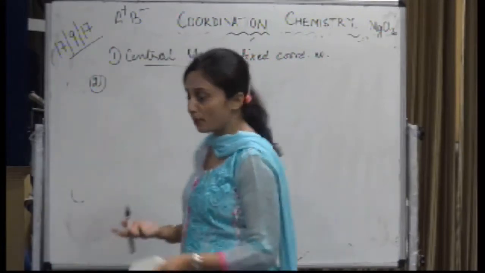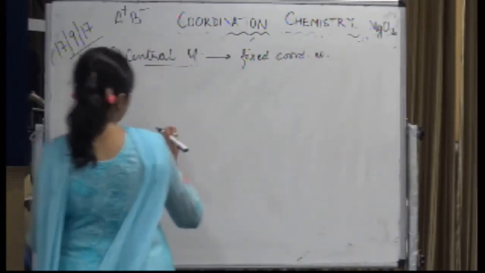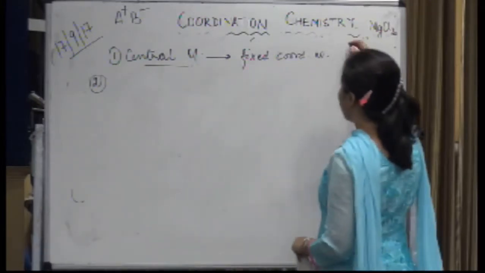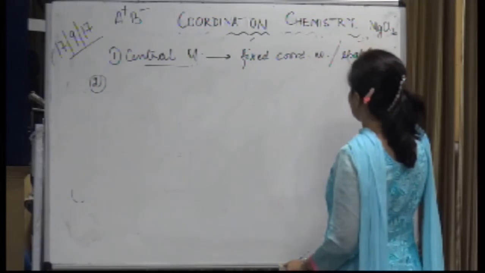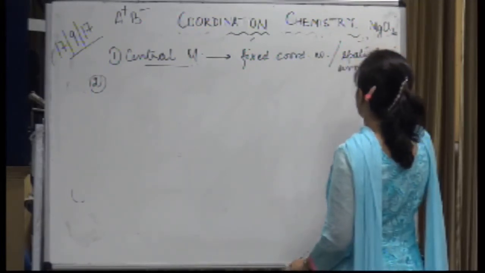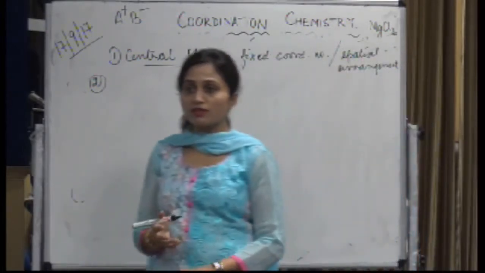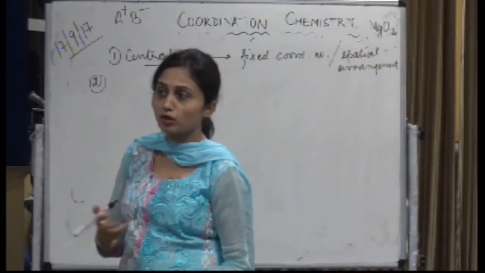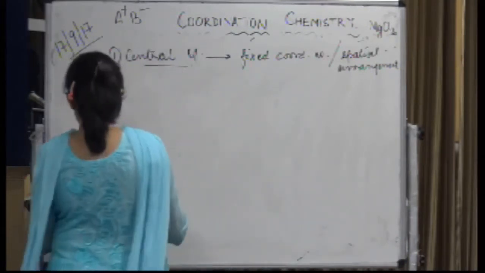So it all depends. Then fixed coordination number, and they are arranged in a particular spatial form. That means the arrangement is also fixed. Once your coordination number is attached, your arrangement is also according to the hybridization that we can talk of very soon.